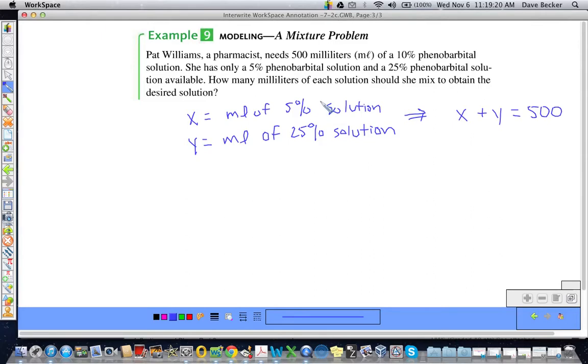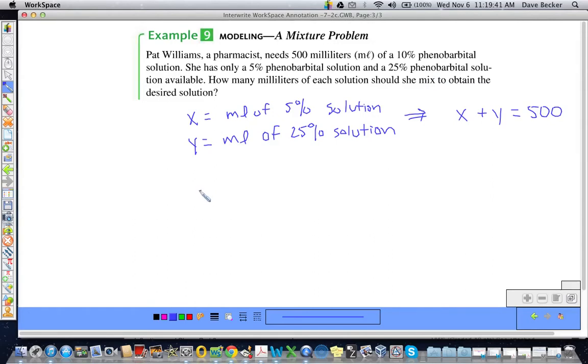Okay, what else do we know? This solution has 5% phenobarbital, and this solution has 25% phenobarbital.